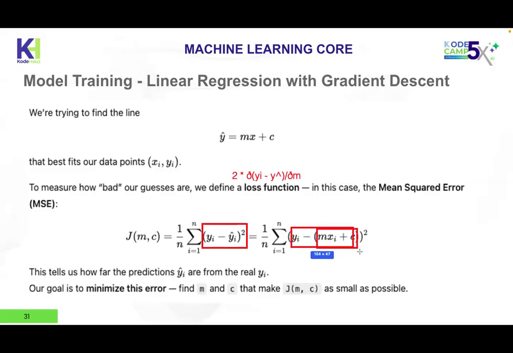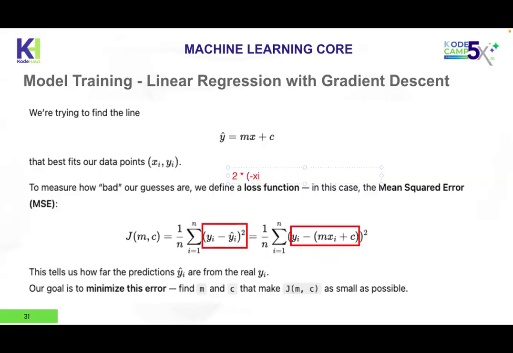So this whole inner one, you will find that yi doesn't depend on m, so it crosses off. Then you have minus mxi. So minus mxi depends on m, and if you differentiate it, you're actually going to get minus xi, right? So that will just be minus xi, right?